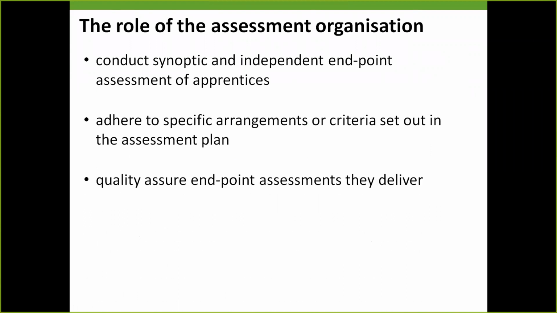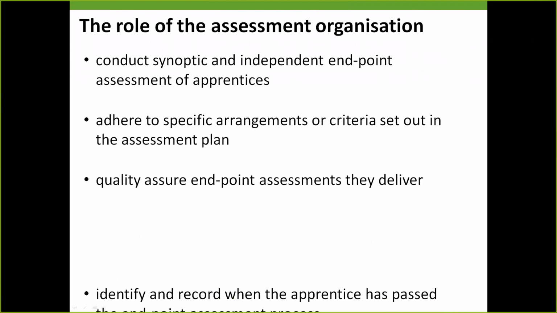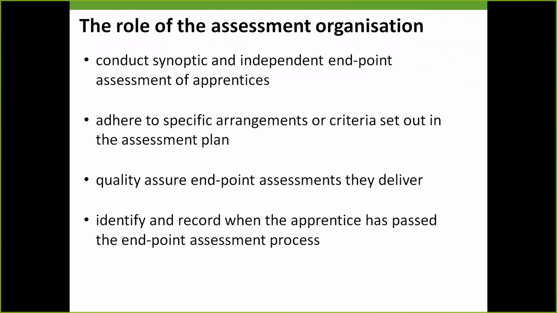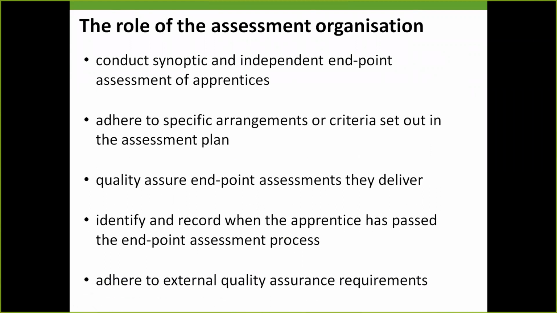To quality assure the endpoint assessments that they deliver, and also to identify and record when an apprentice has passed the endpoint assessment. And finally, to adhere to any external quality assurance requirements.